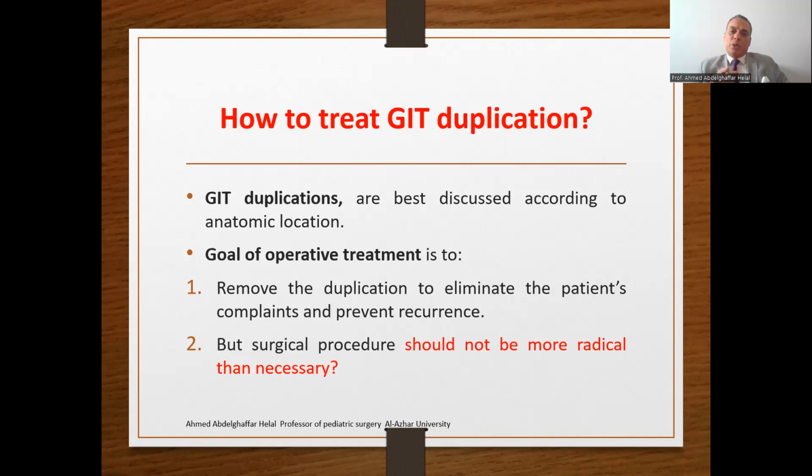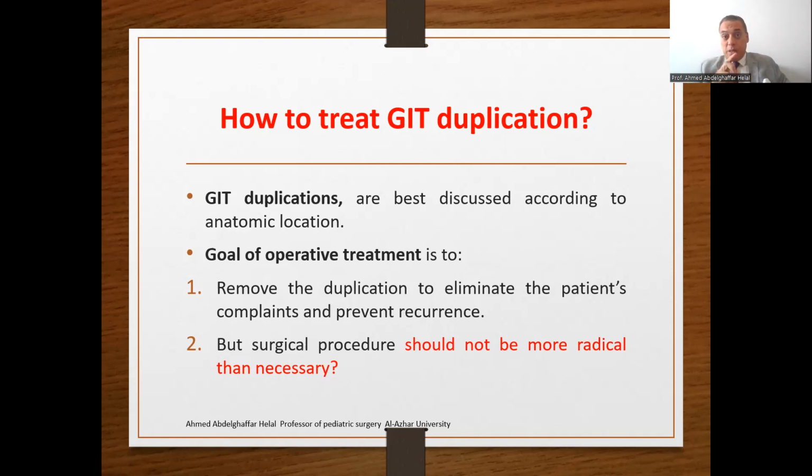The pediatric surgeon needs to remove the duplication to relieve symptoms and prevent recurrence, while preserving the function of the gastrointestinal tract, not leaving the baby with a short bowel or other disability, and taking into consideration the associated anomalies, especially the very serious association with the vertebral canal or spinal cord.